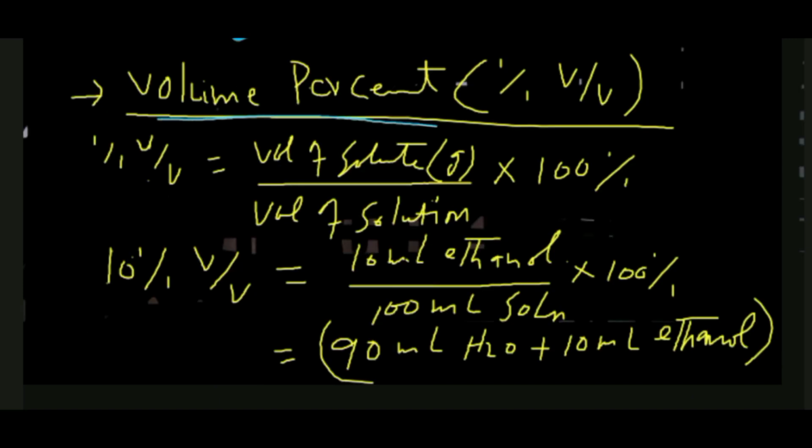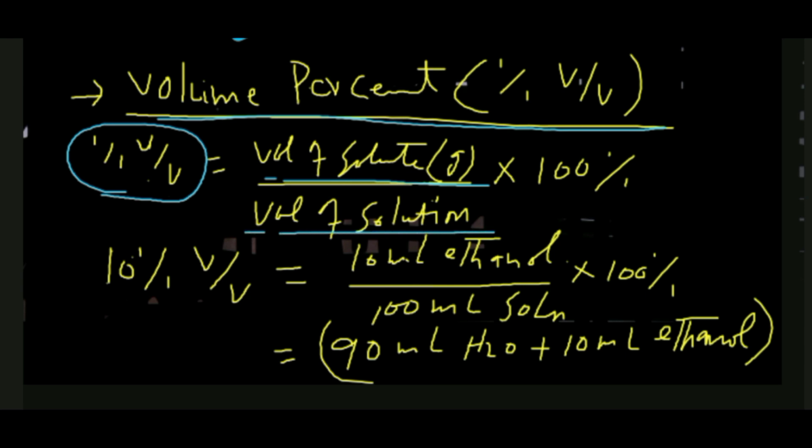Now the next one is the volume percent of solution. Volume by volume percent solution means the volume of solute dissolved in the volume of solution, multiplied by 100%. So this is the percentage of volume by volume percent of solution.